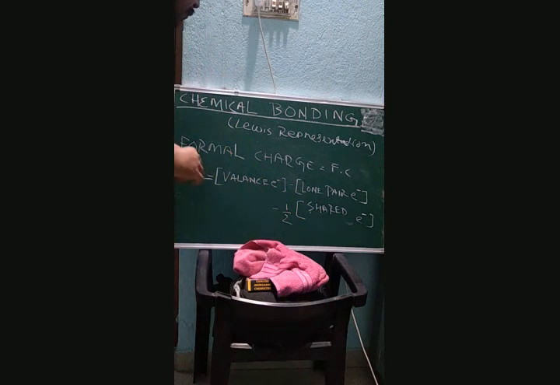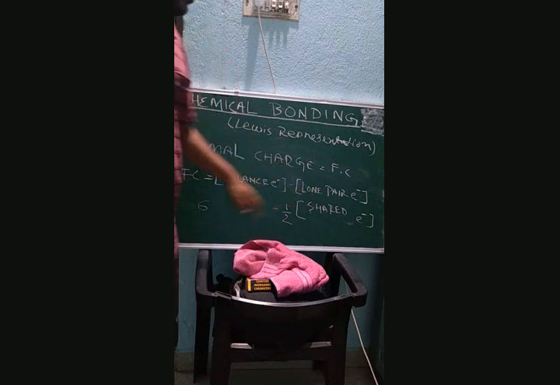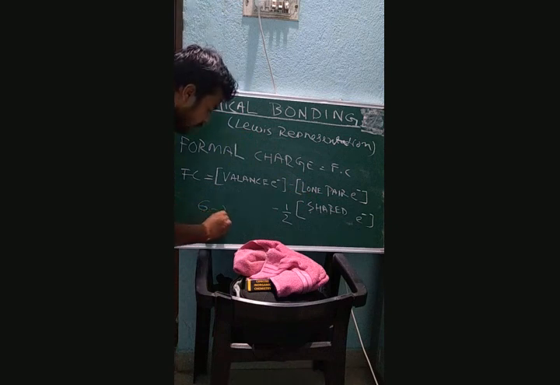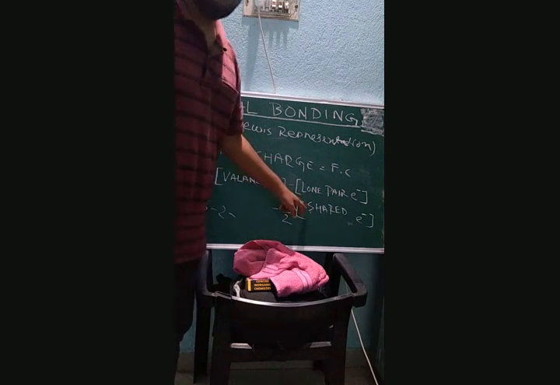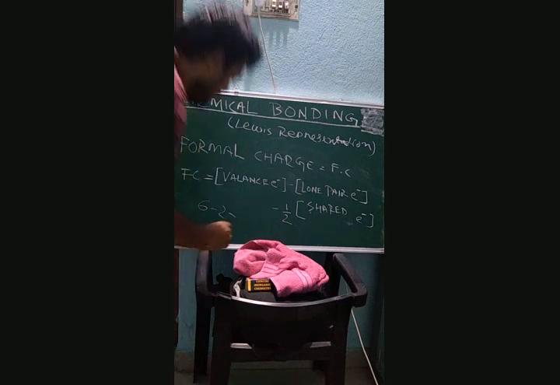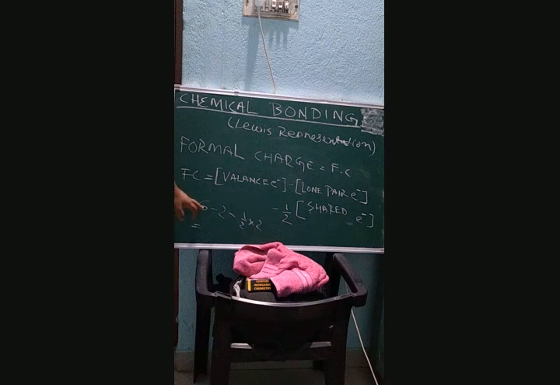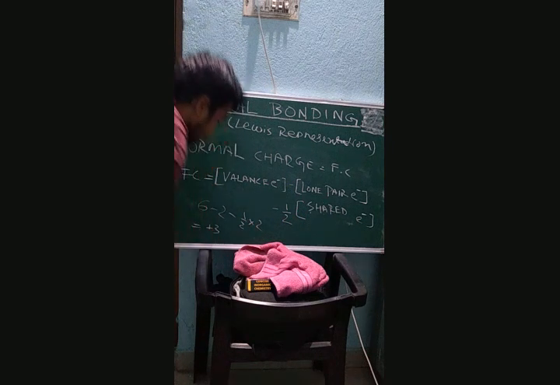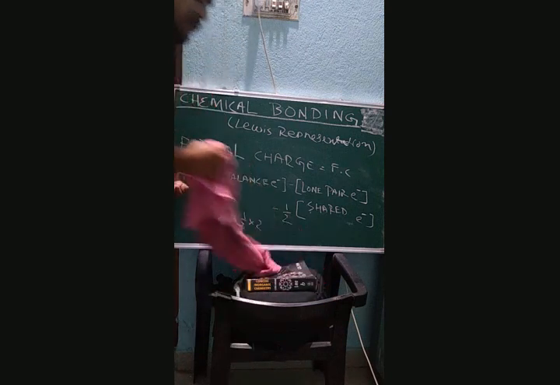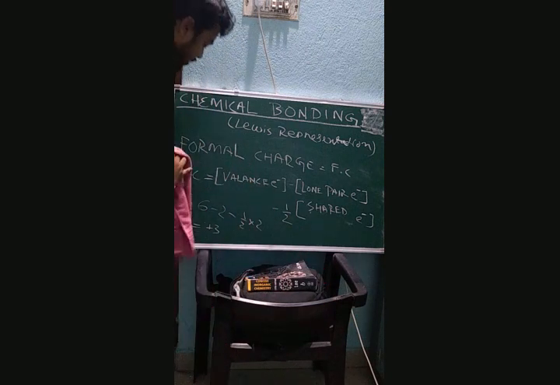Suppose in a molecule or an atom, the number of valence electrons is 6, the number of lone pair electrons is 2, and the number of shared electrons is also 2, then the formal charge will be 6 minus 2 is 4, minus 1, that is 3, plus 3. So we'll see with an example how to calculate the formal charge.